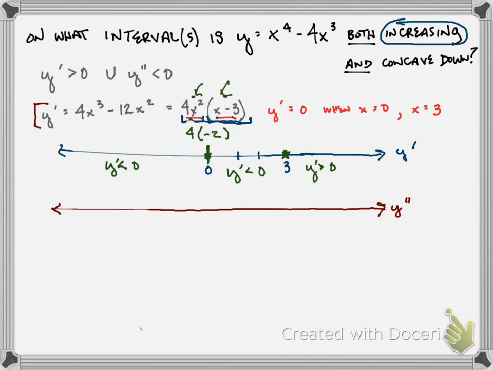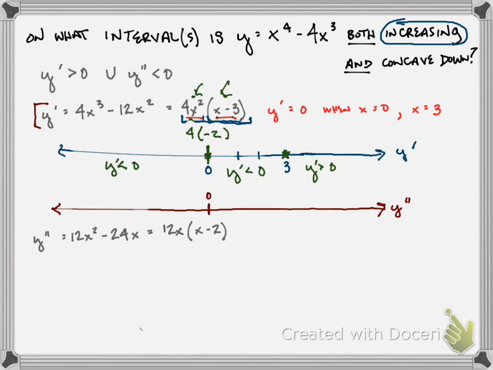Y double prime then is 12x squared minus 24x, which we could write as, we could factor out a 12x, and write it as 12x times the quantity x minus 2. The zeros of y double prime, in other words, the places where y double prime is equal to 0, occur again at 0.